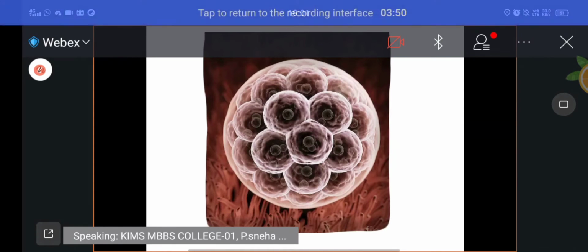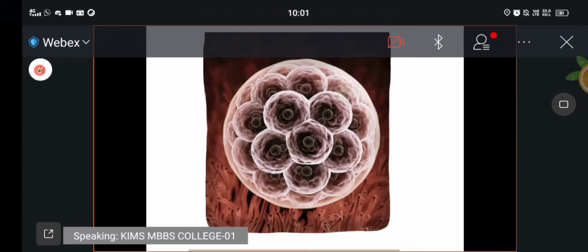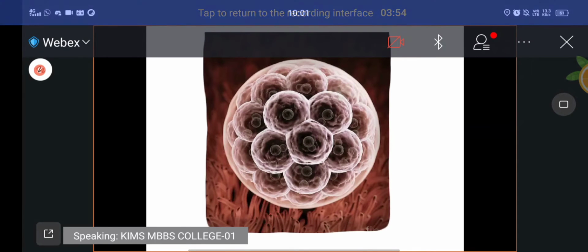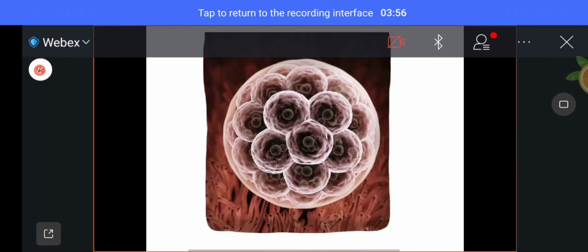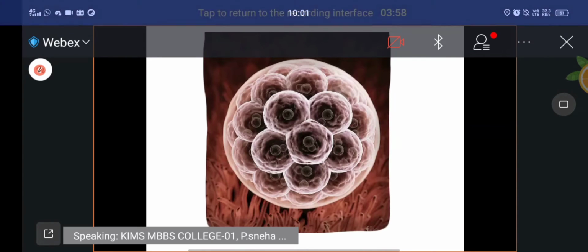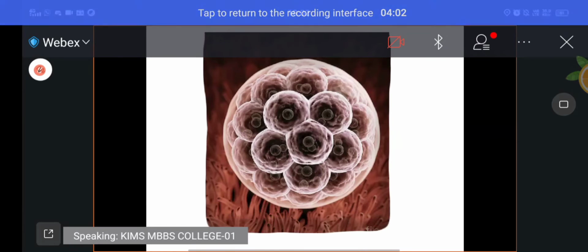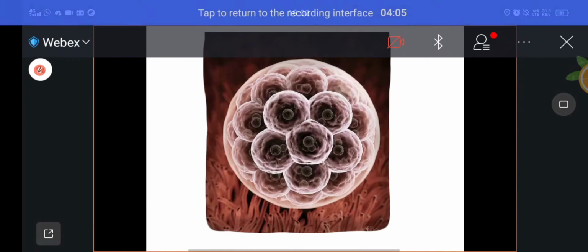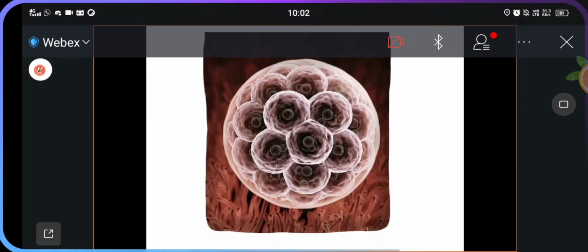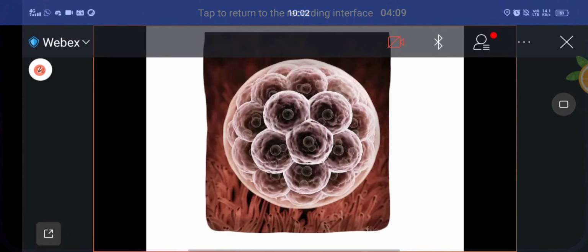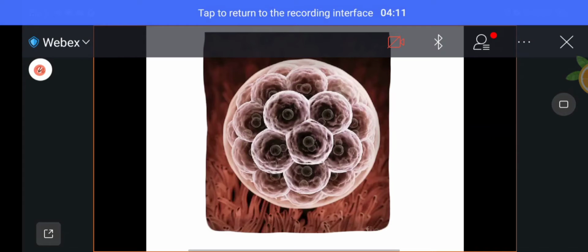Entry of uterine fluid into the morula creates a cavity called blastocyst. The extracellular fluid in the uterine cavity will migrate into this morula.